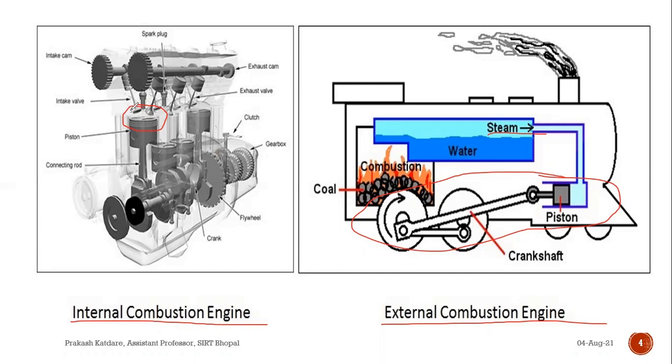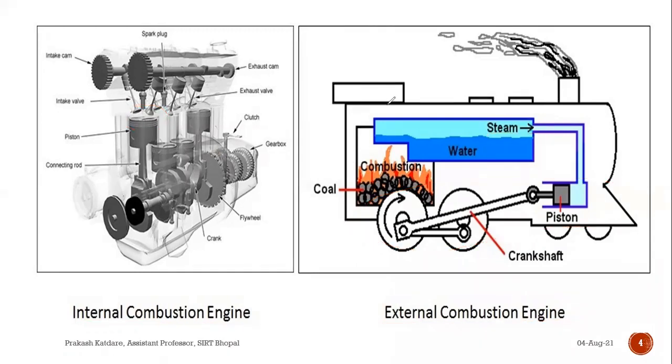That's why in today's time, these external combustion engines are not in very much use. We are mainly focusing on internal combustion engine. That's why our subject is also named internal combustion engine, because we will be seeing in detail the internal combustion engine only. Let's see a comparison between both of these engines.